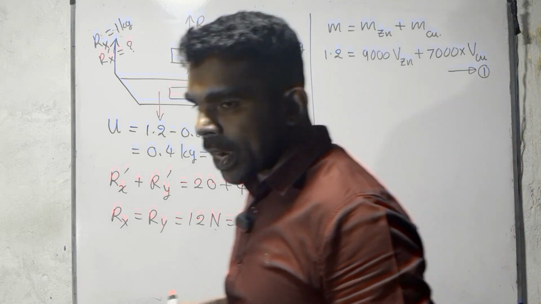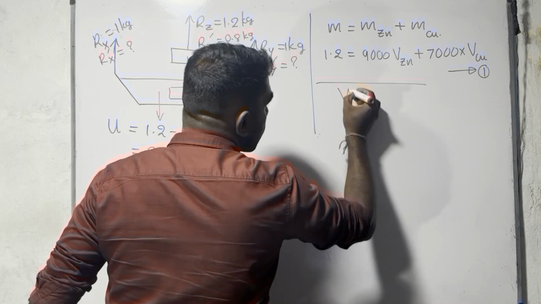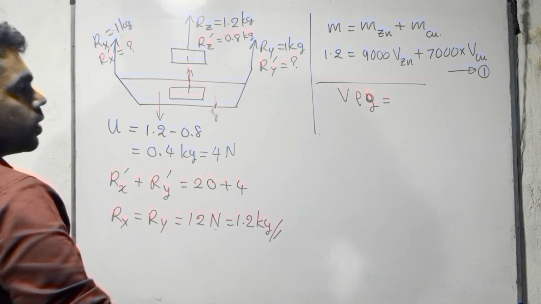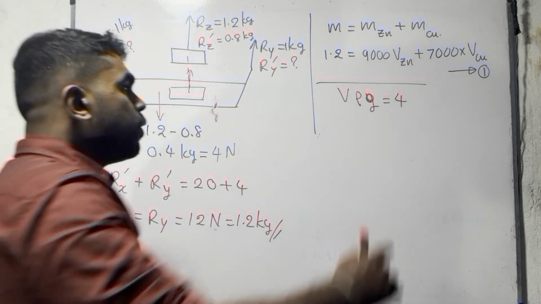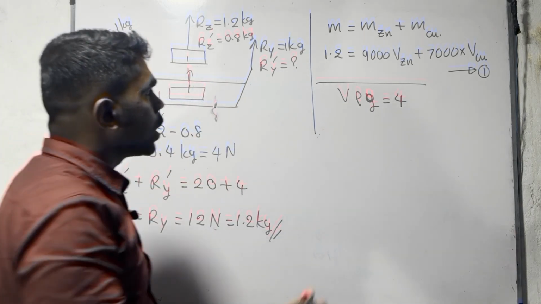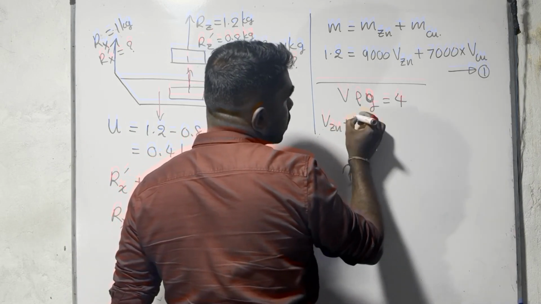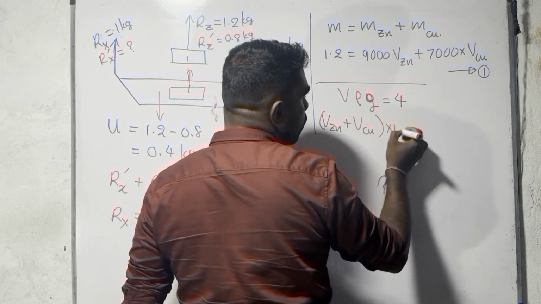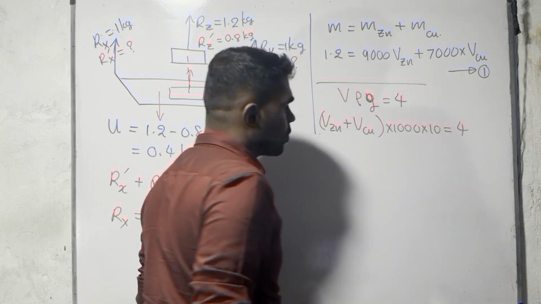Then I will consider upthrust. When considering upthrust, we can write V rho g is 4 Newton. This V volume is total volume of the block. Total volume means zinc volume plus copper volume. Now we have to substitute density of water 1000 into 10 equals 4.